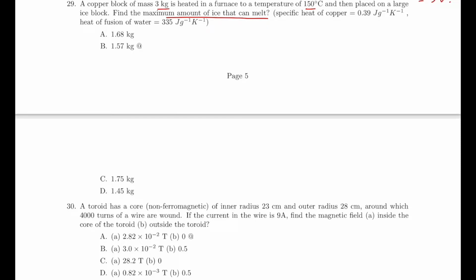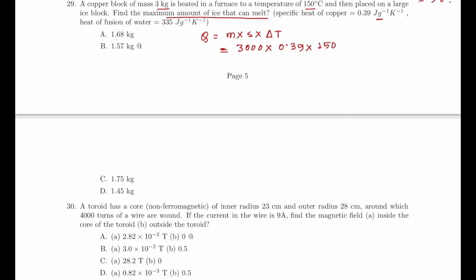In the cooling, the copper block is going to release the heat Q, which is M times the specific heat times the difference in temperature. Here the specific heat is given in joule per gram per Kelvin, so we have to multiply 3 kg by 1000 to make it grams. 3000 times the specific heat 0.39 into delta T, which is 150 degrees.